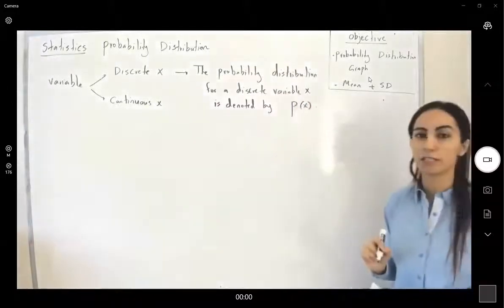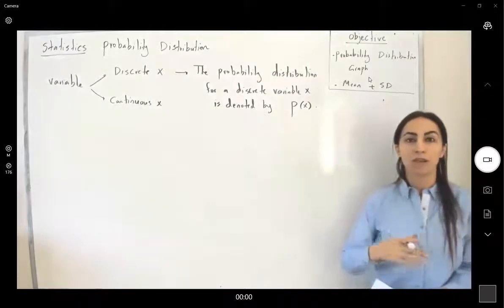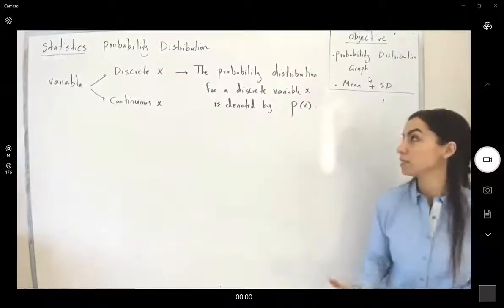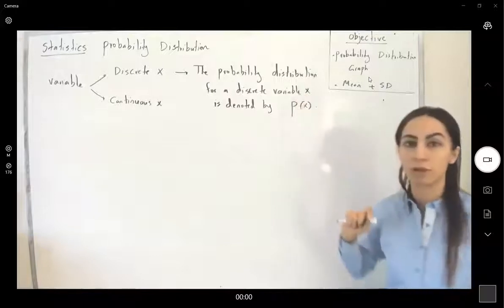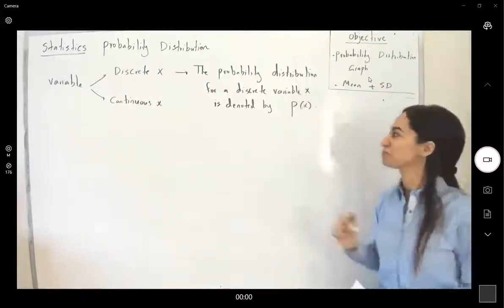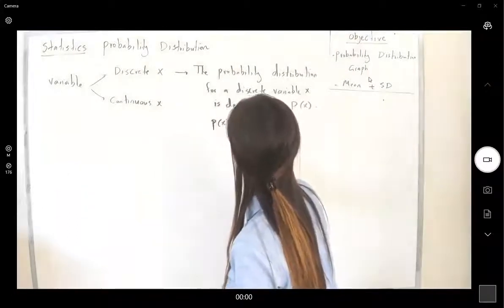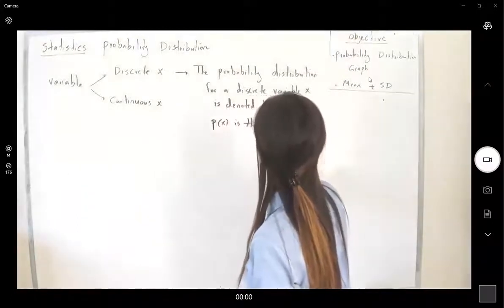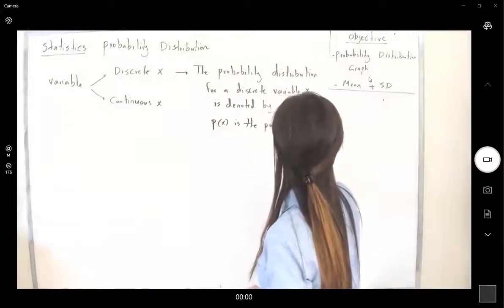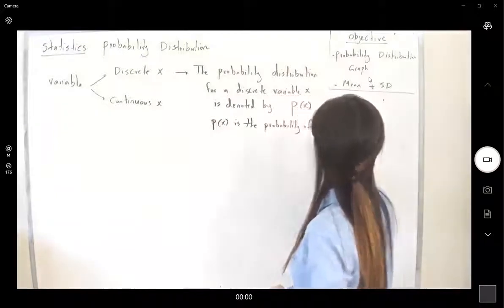So what is p of x? P of x actually assigns the probability to that variable x. P of x is the probability of x.